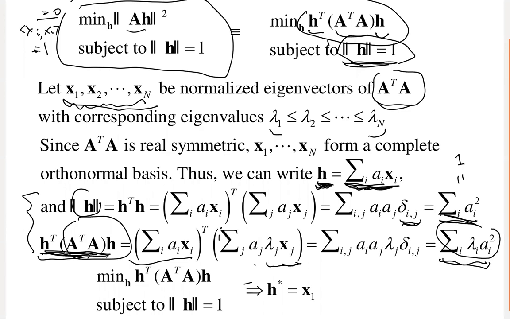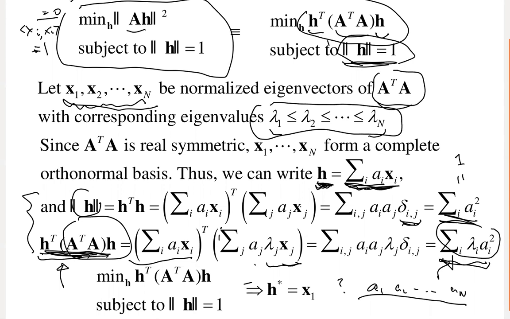Now my question is, what should be my ai if I want to minimize this? I have a1, a2, a3 up to an, so what should be the value of a1 up to an, assuming that lambda 1 is less than or equal to lambda 2, up to lambda n?